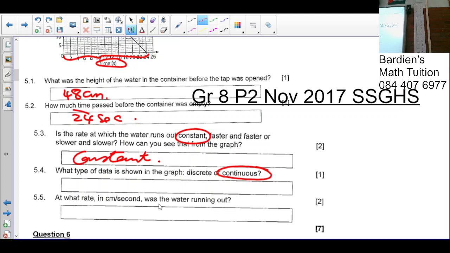I don't know who brought half a cell phone. So that is an example of discrete data. It's either 5 cell phones or 6 cell phones. For people, it's either 18 or 19 people. You understand?